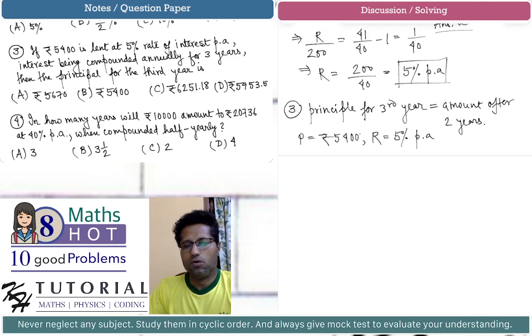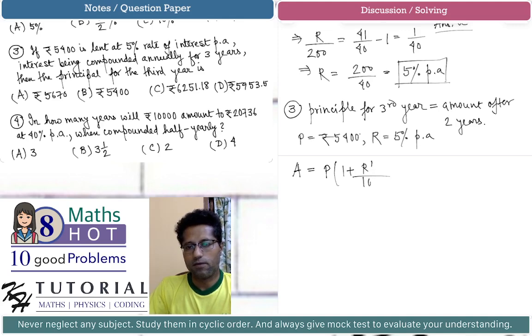We know the general formula for the amount: A is equal to P multiplied by (1 plus R dash by 100) to the power small n, multiplied by (1 plus the fraction a by b multiplied by R dash by 100).